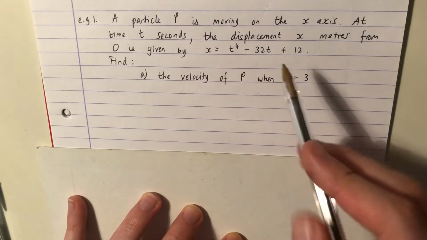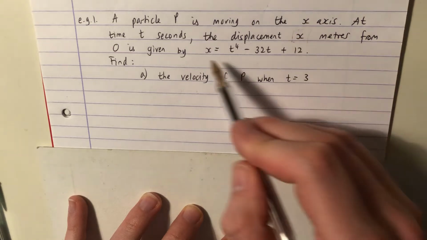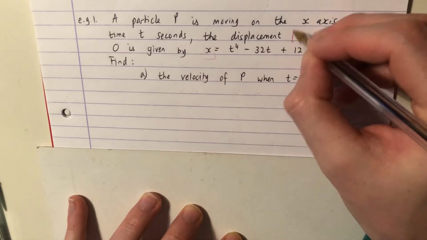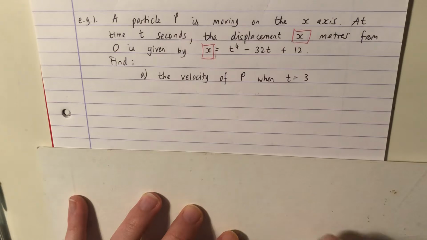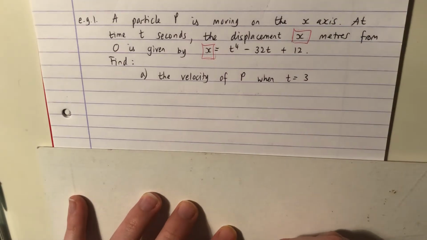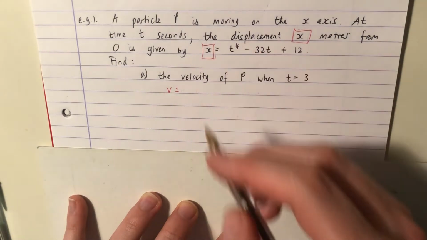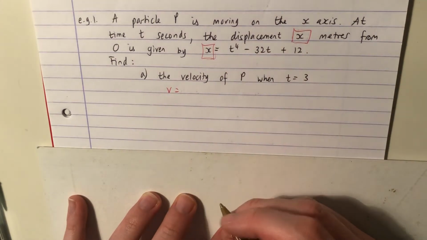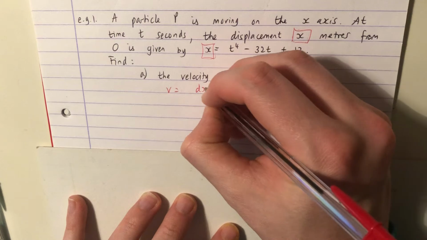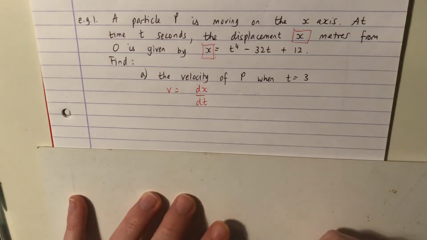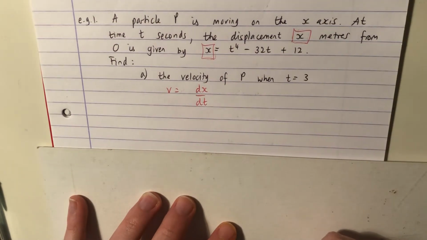So not a bad start for this, is kind of what you'd expect. The only difference is they've used the letter x rather than the letter s for displacement, but that doesn't change anything. To go from displacement to velocity, we have to differentiate, and in this case it would be dx by dt. Differentiate the displacement.